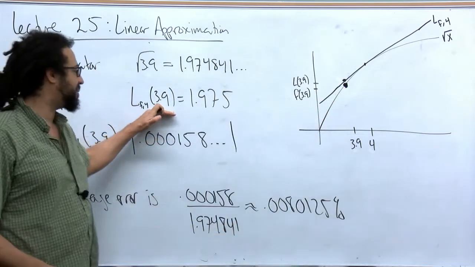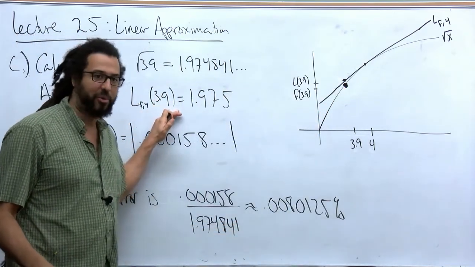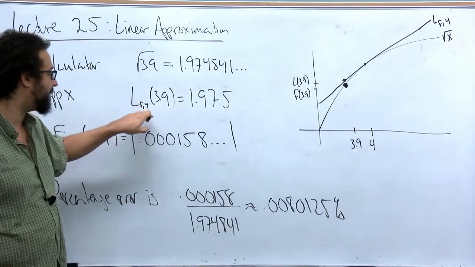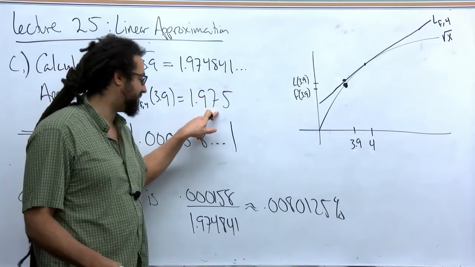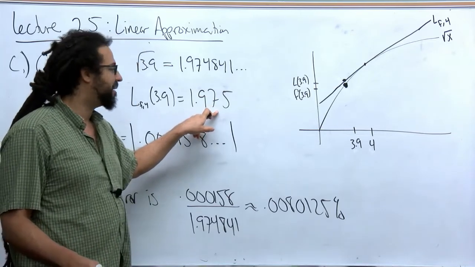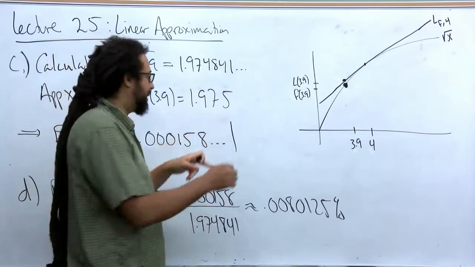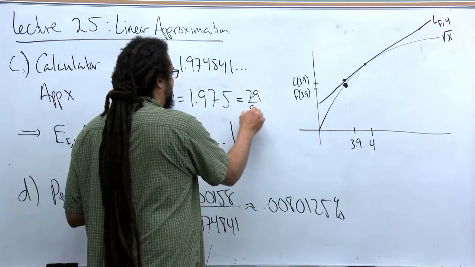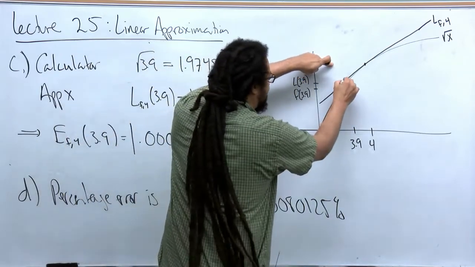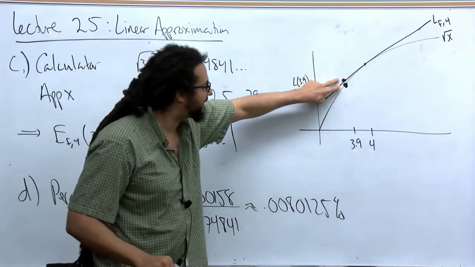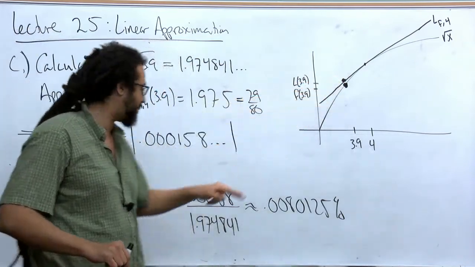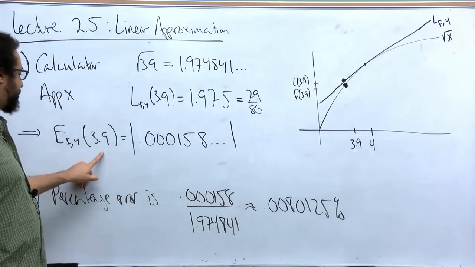And then the approximated value of the square root of 3.9, we just took that 3.9 and plugged it into the tangent line, and we got 1.975. That was that 79 over 40 that we got. And so that's this point on the line, and the distance between these two points is the error. It's the error of the approximation at 3.9.